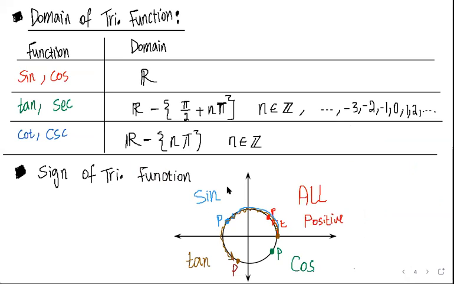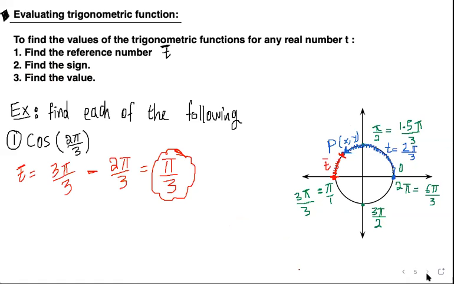The sine function is positive in the second quadrant, and anything else is negative. So the cosine in the second quadrant has a negative sign.